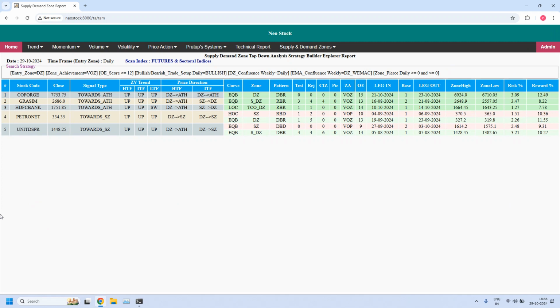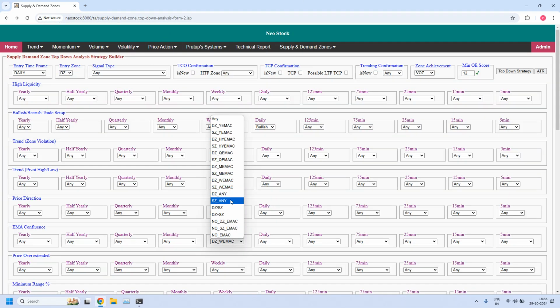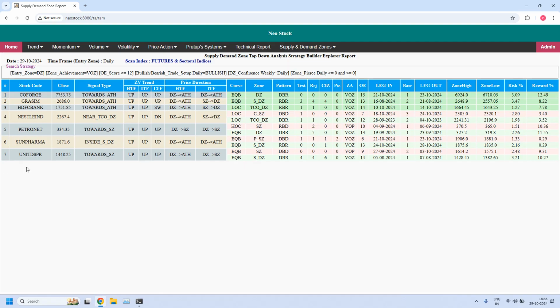Okay, now let's verify how many of these stocks are having, not these stocks, in the earlier filtered list, that is the LTF and ITF combination, that is without EMA filter. Earlier we got 7, right? Let us check. I'm removing this EMA filter. Earlier we got 7. Out of these 7, how many are having even HTF zone confluence?